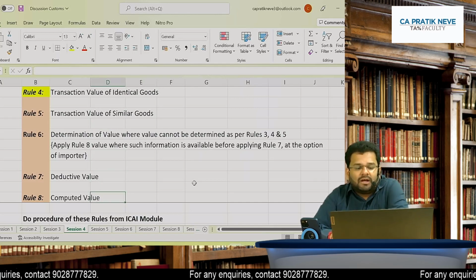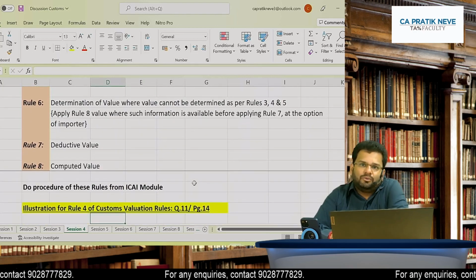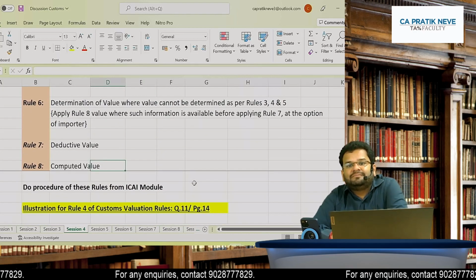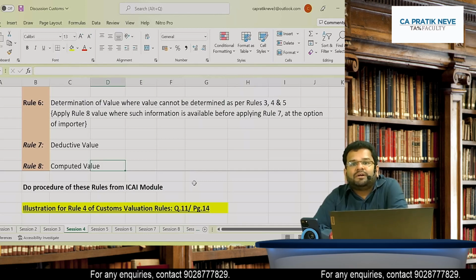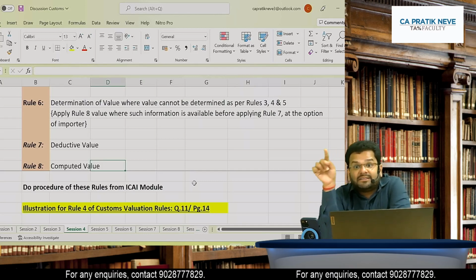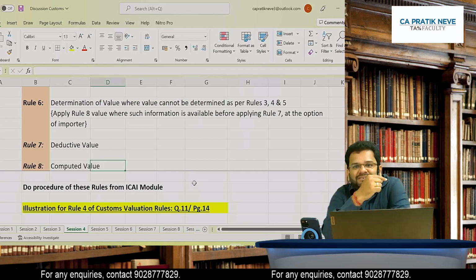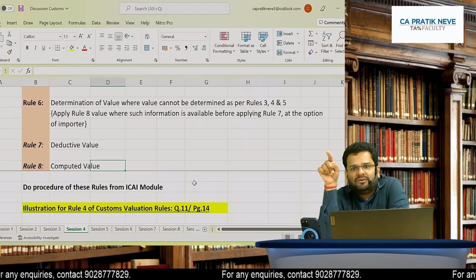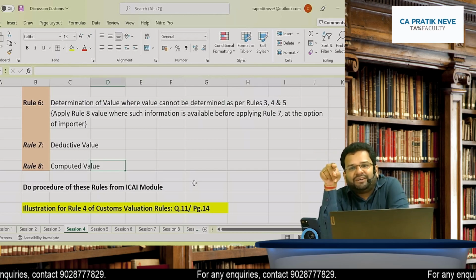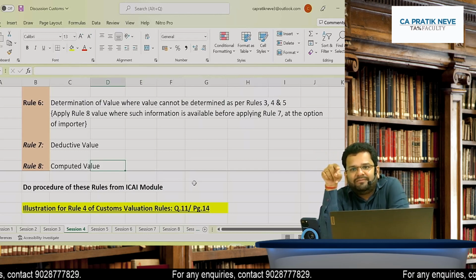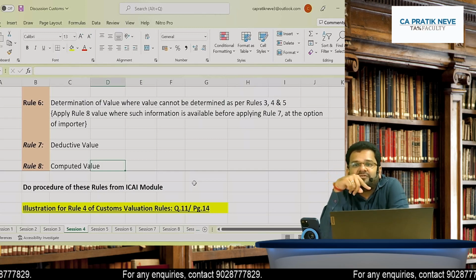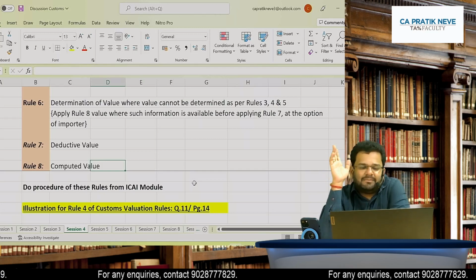If that is also not available, deductive value. Computed value means what? Exporter is selling you the goods, so exporter's cost plus exporter's profit will be FOB. From that FOB, find out CIF. That CIF will be the assessable value.